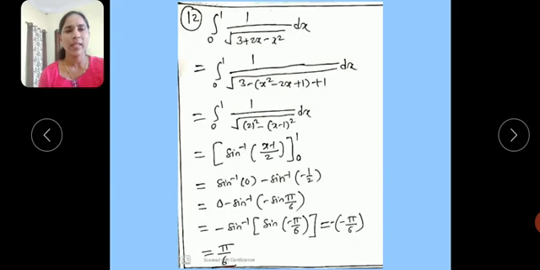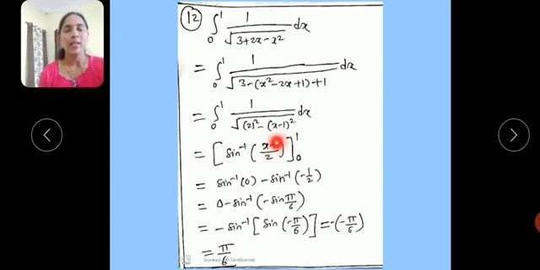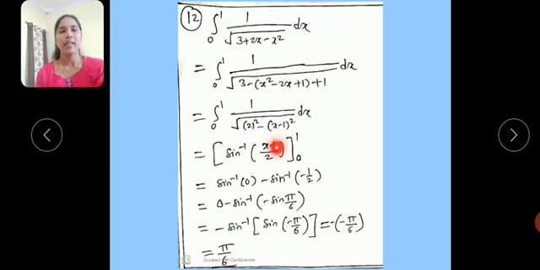Here, first taking the value of x as 1, that is the upper limit. Then taking the value of x as 0, that is sin inverse of 0 minus sin inverse of minus 1 by 2. Here sin inverse of 0 is 0. Adjusting the step, sin inverse of minus sin pi by 6, because sin pi by 6 is equal to 1 by 2.